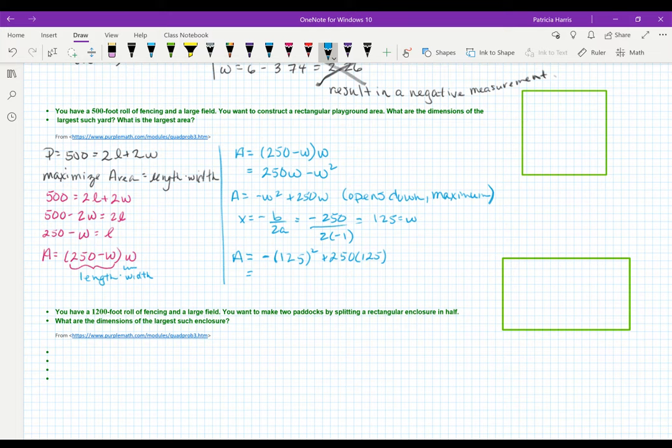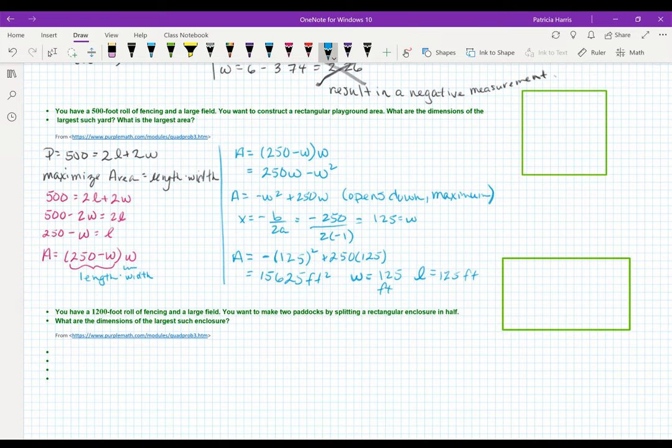So my maximum area would be 15,625 feet squared. That would provide me the maximum area. The dimensions of this would be a width of 125 and a length, going back here, 250 minus 125, of 125 feet.